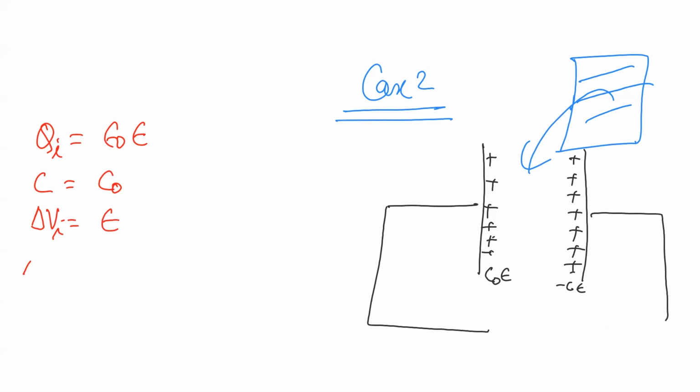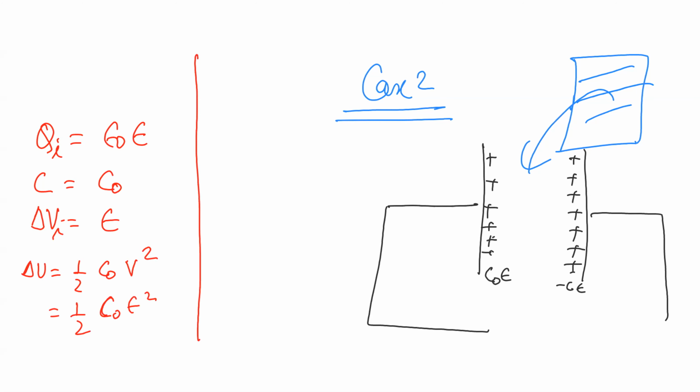Energy delta U is half C V square, which is half C naught into E square, right? This is before the dielectric is inserted.